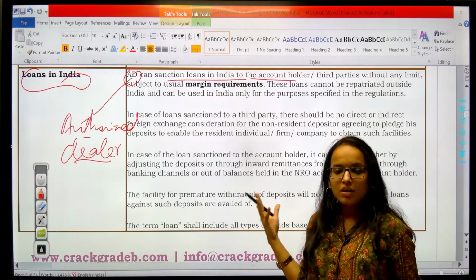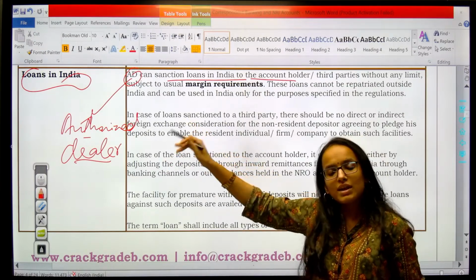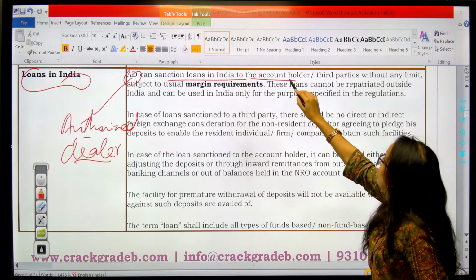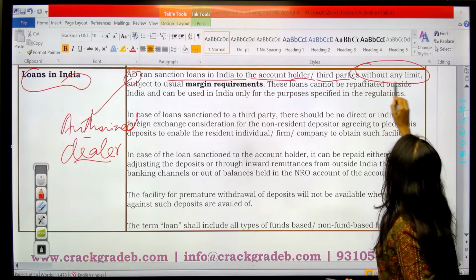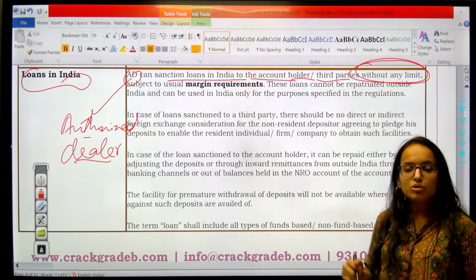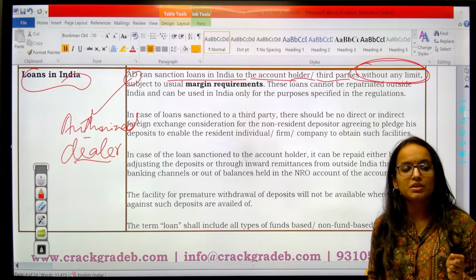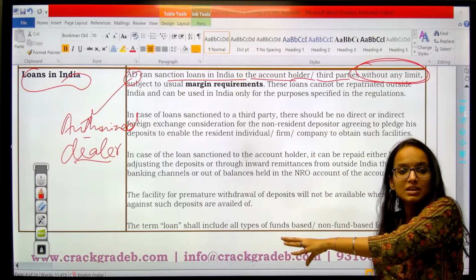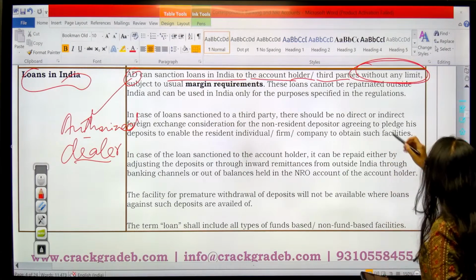All those who have this account in India can be sanctioned loans by the authorized dealers. They can sanction loans in India to these account holders or third parties, without any limit. Remember, without any limit.